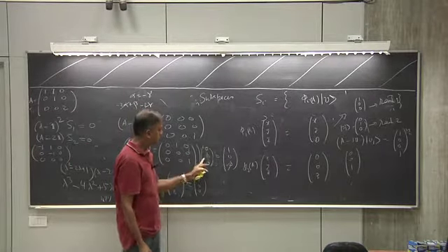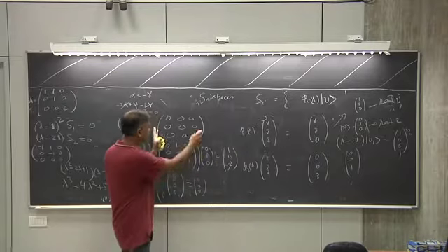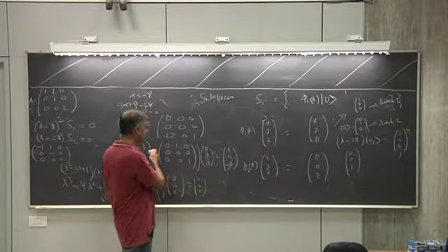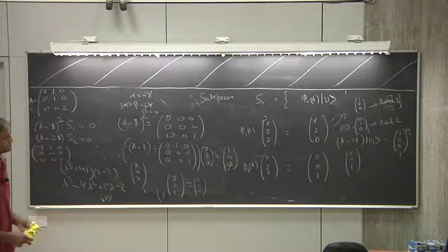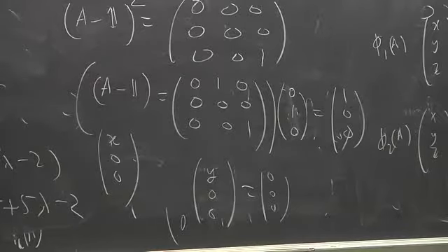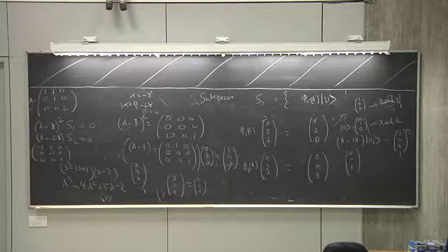So therefore, this is rank 2 because A minus 1 square acting on that is 0, but A minus 1 acting on that is not 0, right? So rank 2. Yeah, this is just to show that all these statements are correct for this particular example, right?